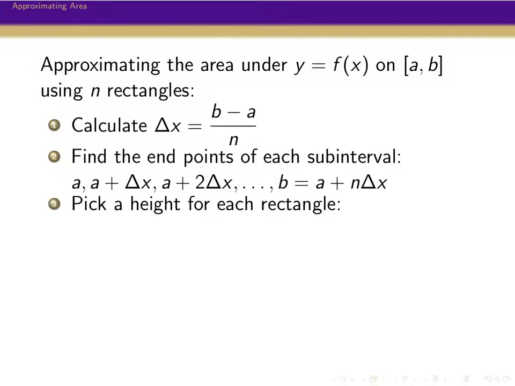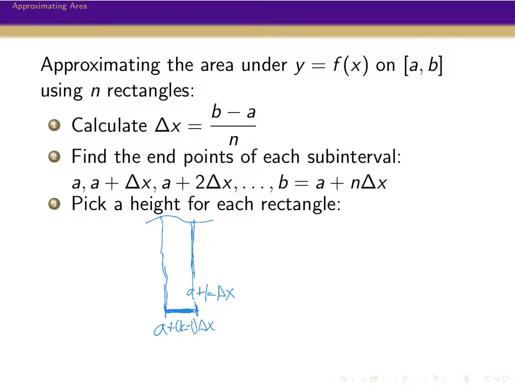Okay, now we're thinking about some subinterval. So let's say that it's a plus k minus 1 delta x to a plus k delta x. So this would be like the kth subinterval. We have to pick, so our function over here is going like that. If our delta x is small enough, the function is really not going to change very much between there.